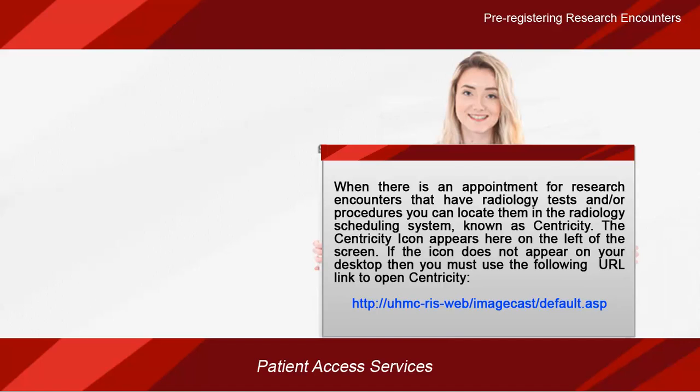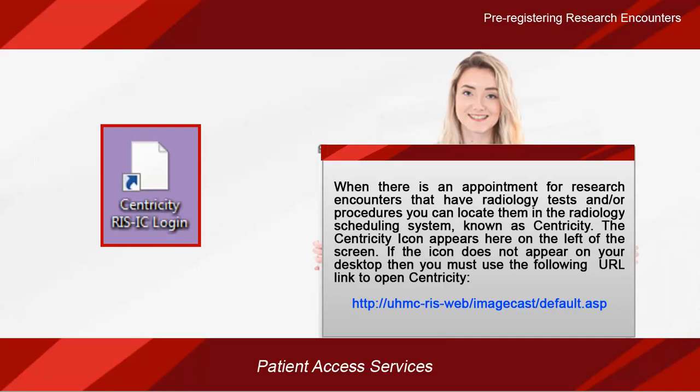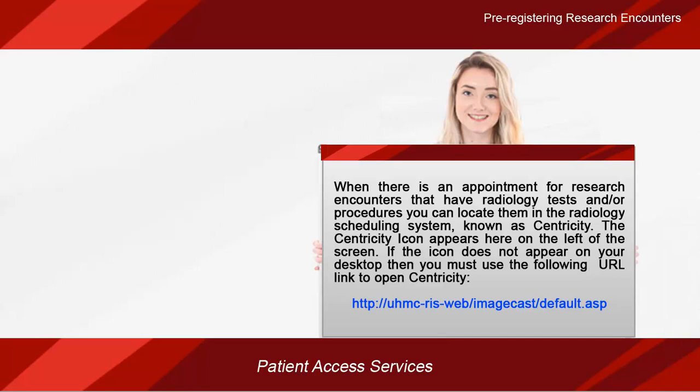When there is an appointment for research encounters that have radiology tests and/or procedures, you can locate them in the radiology scheduling system known as Centricity. The Centricity icon appears on the left of this screen.